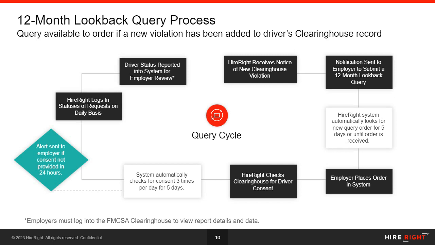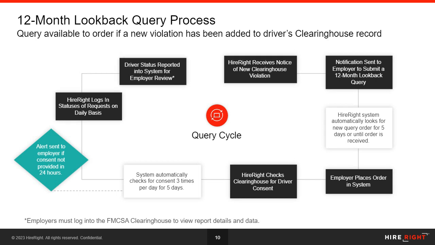In essence, what I'm saying in this diagram is the process that HireRight has built to engage the Clearinghouse allows us to monitor when consent is or is not given so that we can notify the employer and help to engage that driver differently to get them to access that and give us that consent when we're dealing with a full query.